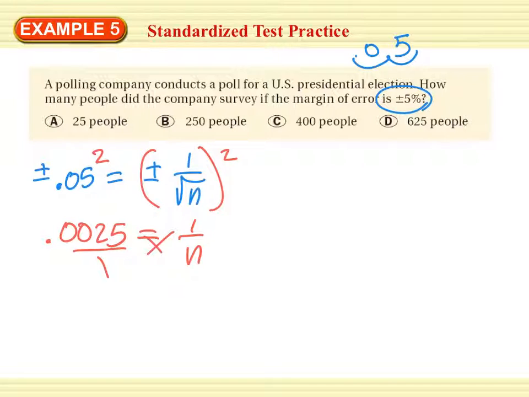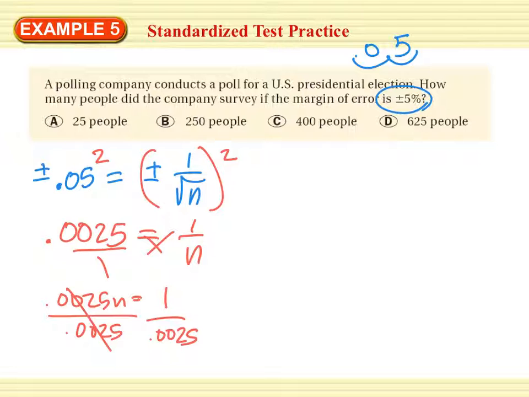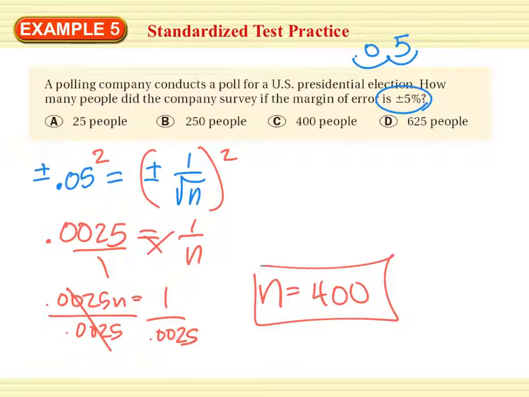Now I can cross multiply and divide both sides by the decimal, which is exactly what we did in the warm-up. And I get n equals 400 people surveyed, which is C.